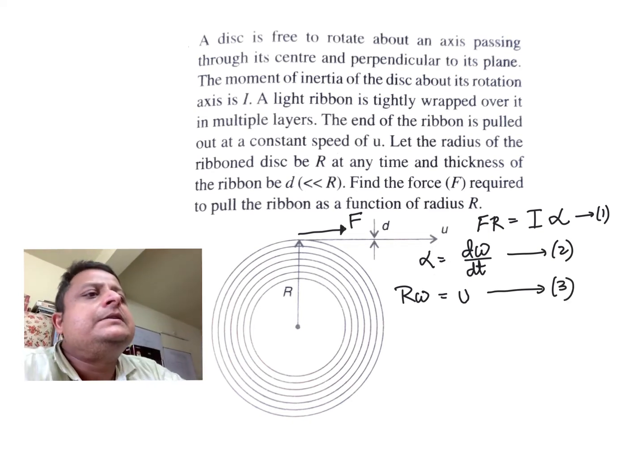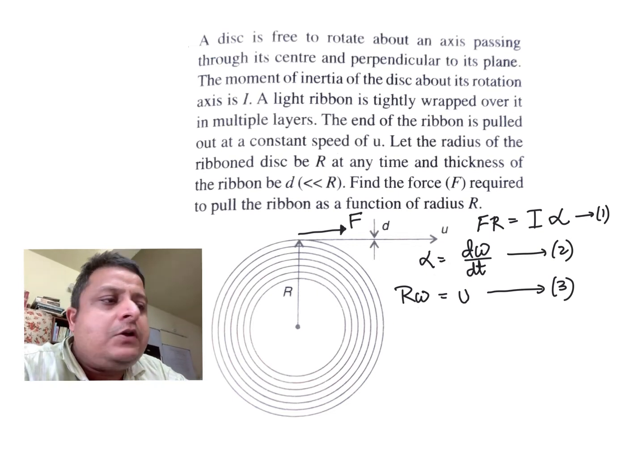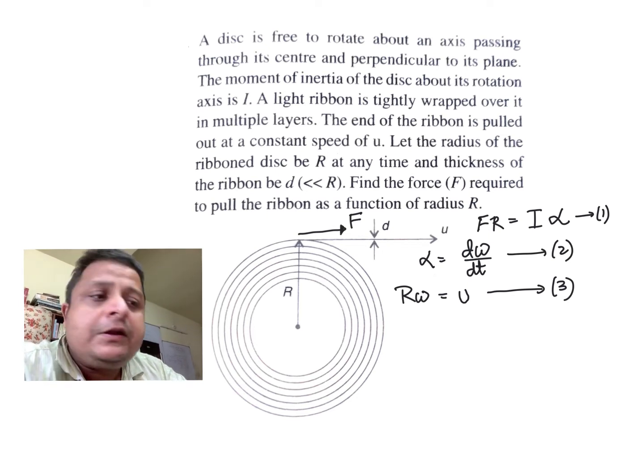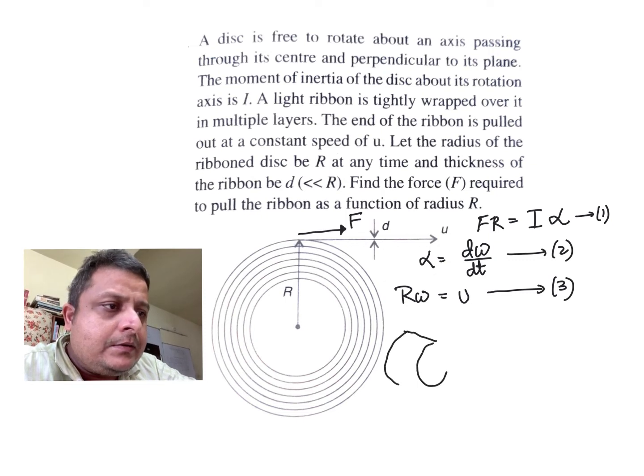Another clue is the rate of loss of mass, the rate of loss of the ribbon. If you consider the ribbon here, let the width of the ribbon be w, so that's the ribbon being pulled out.